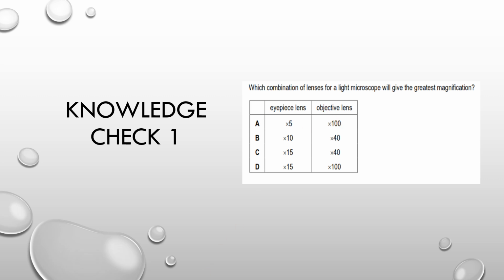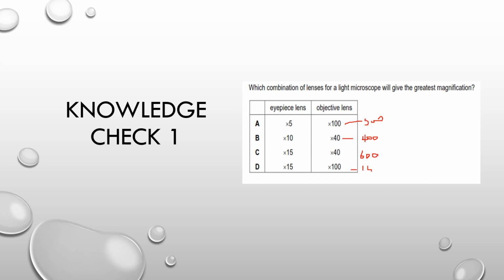So quickly, without wasting time, the total magnification of this option is 5 times 100, which is 500. For the second one, 10 times 40, which is 400. The third one, 15 times 40, will be 600. And 15 times 100 will be 1500.